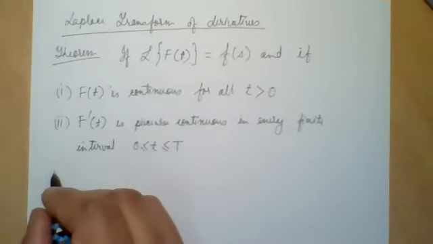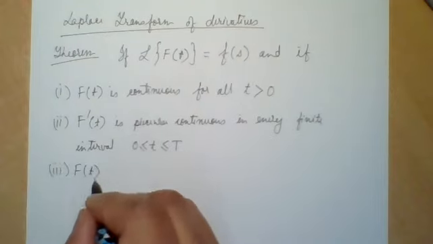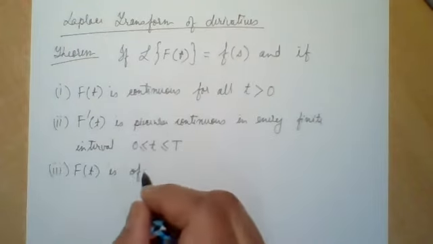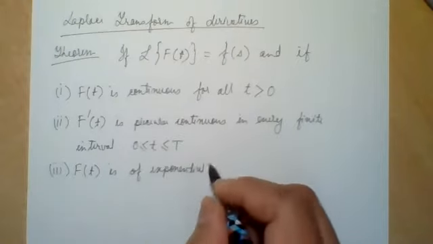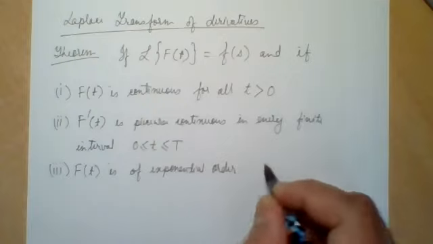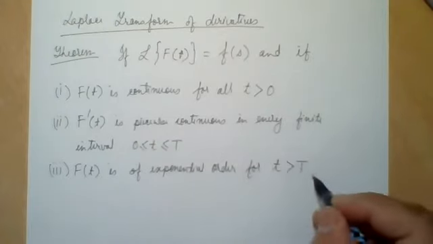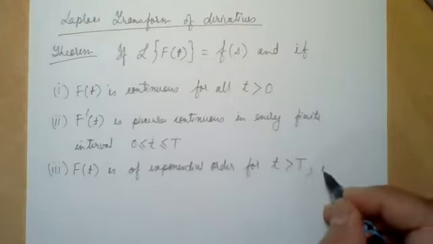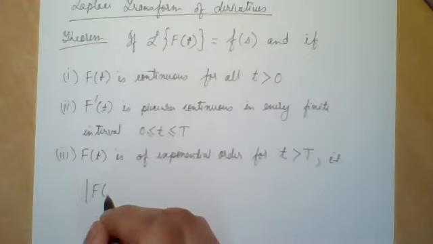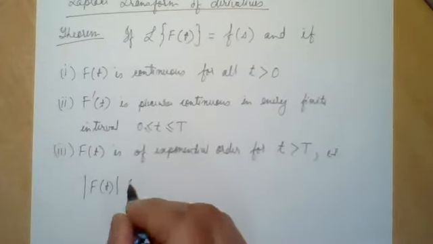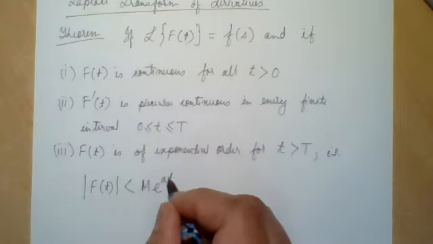Number three, f of t is of exponential order, that is, for t greater than capital T, the modulus of f of t is less than M e to the power a times t.